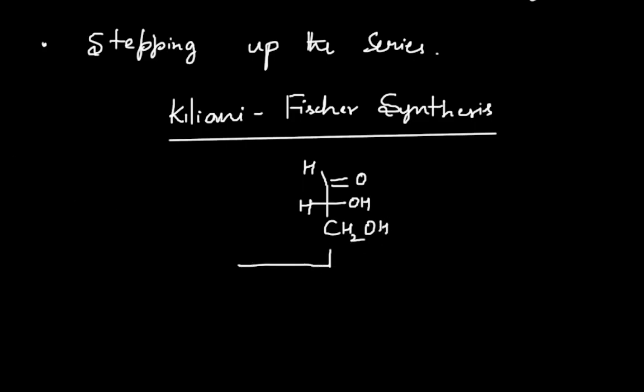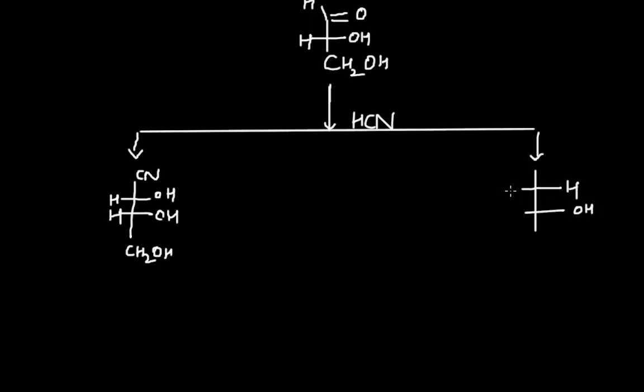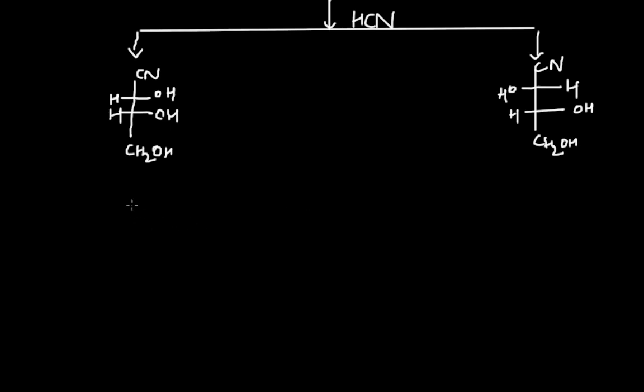Now when you react it with hydrogen cyanide, there are two possibilities, because you have generated a new chiral center, so you end up getting a cyanohydrin, which is CH2OH and its stereoisomer, with OH, CH2OH and a nitrile.